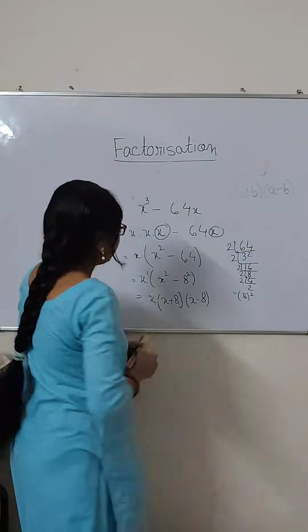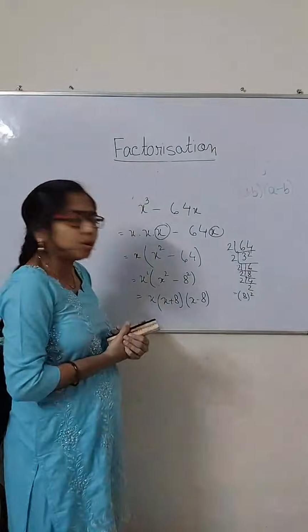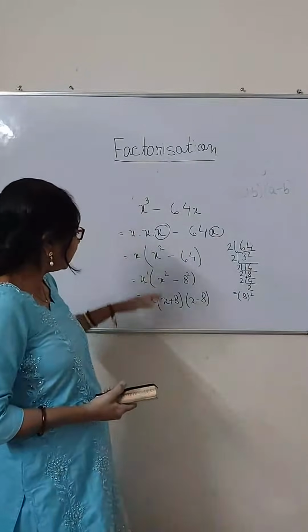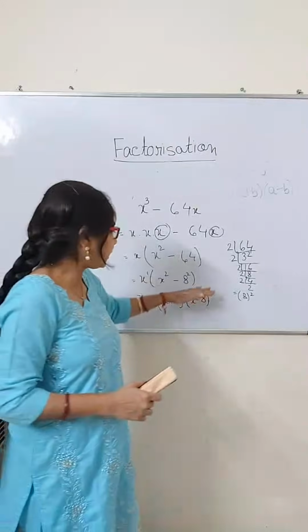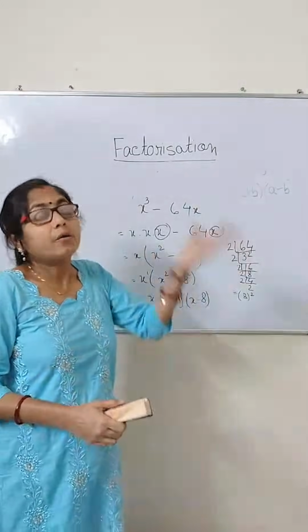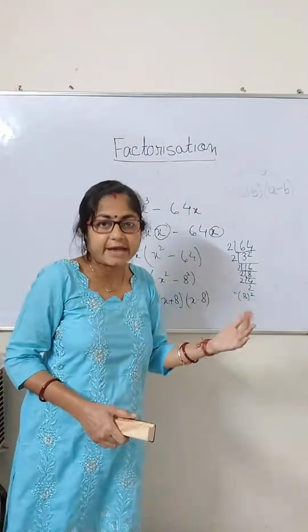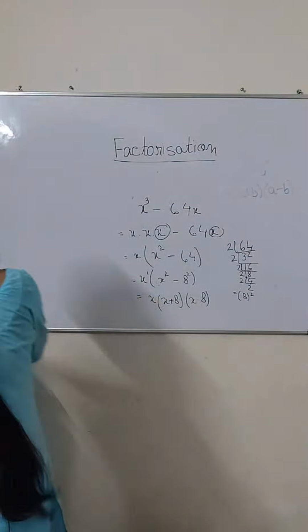Clear? Where is the main mistake of the students? Most of the time, up to there they use the x common, and here everybody writes. But when they come to use the formula, means x plus 8 and x minus 8, at that time they mix that x.